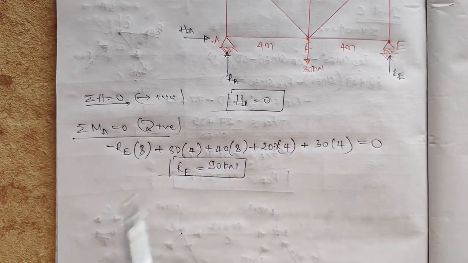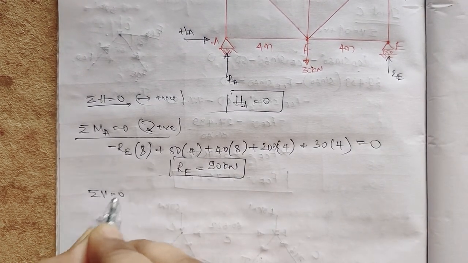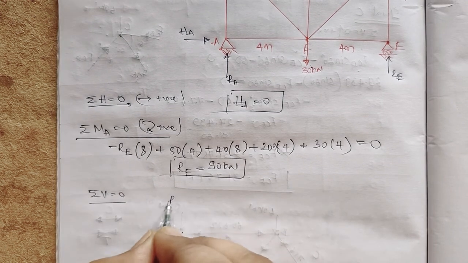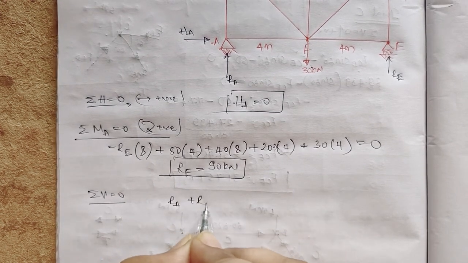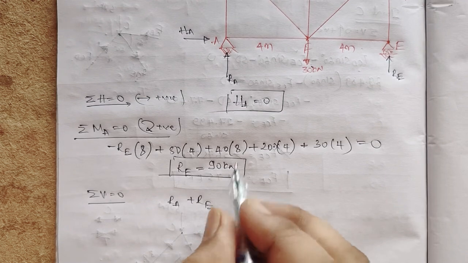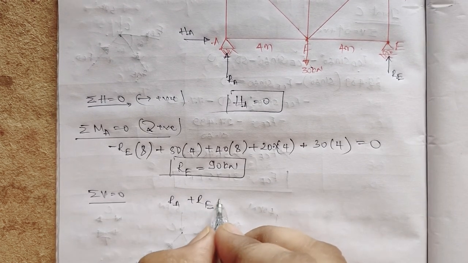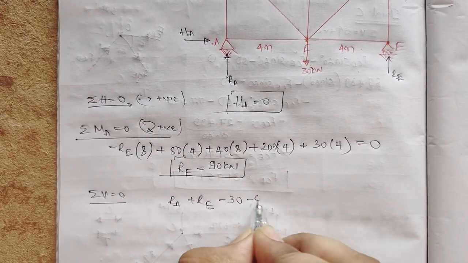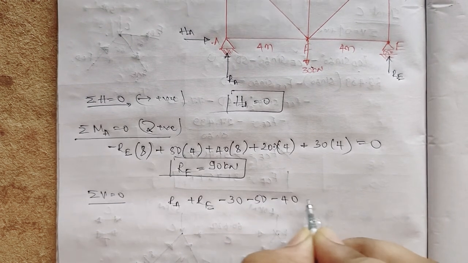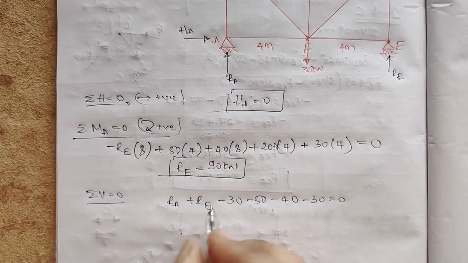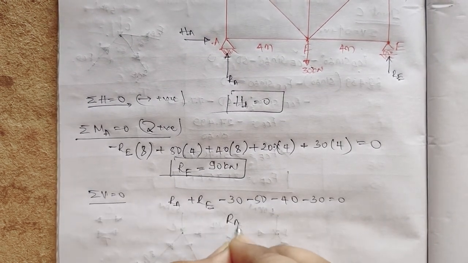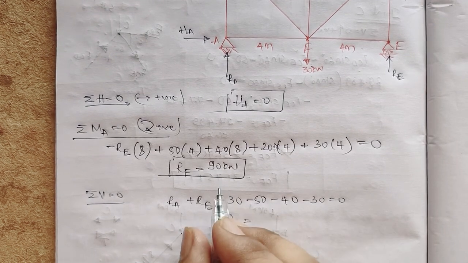Now I'll find out RA also, that is summation of vertical forces equal to 0. RA plus RE, then all the other forces are in the downward direction, right? 30, 50, 40, 30 is equal to 0. Only RA is unknown, RE is 90.